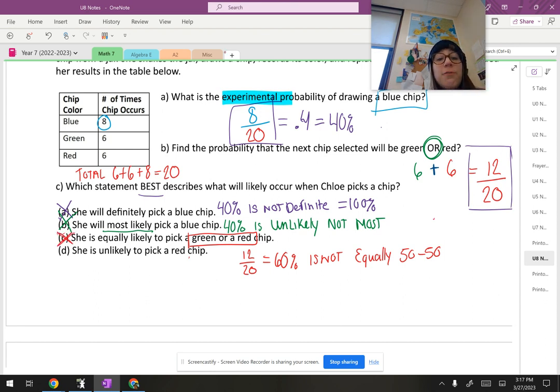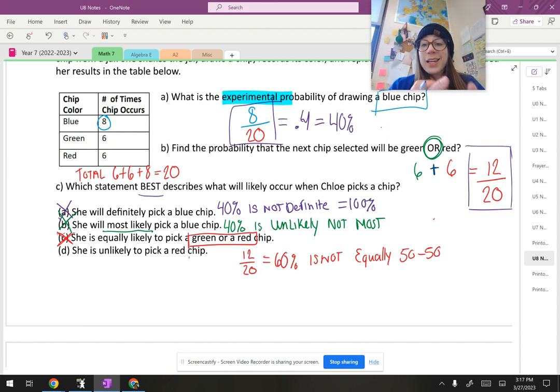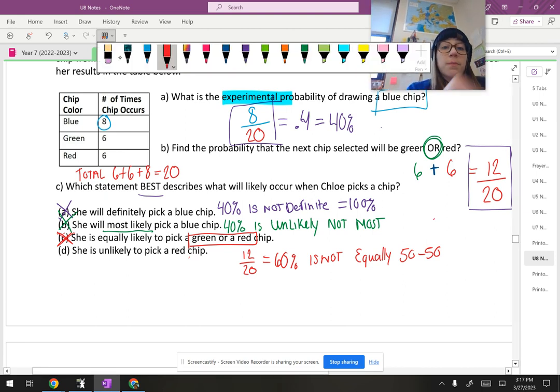Again, I could get the confusion because there are the same number of green and red chips, so you might think that's equally likely, but that's not what the question's saying. It's not saying that the probability of picking a red and a green chip are the same. If it was, then that would be true, because the probability of picking a red chip is the same as picking a green chip. That's just not what the words are saying.